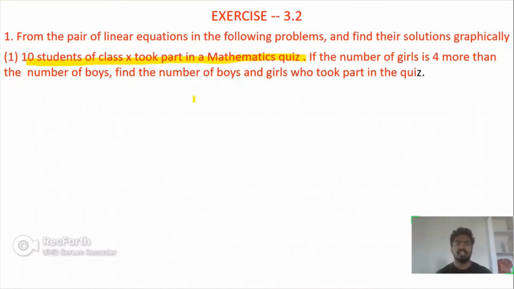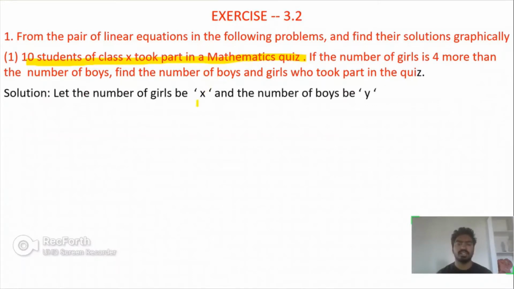So let us consider the number of girls who took part in the mathematics quiz be x and the number of boys be y. Now, we can clearly see that from the given question, the total number of students is 10.